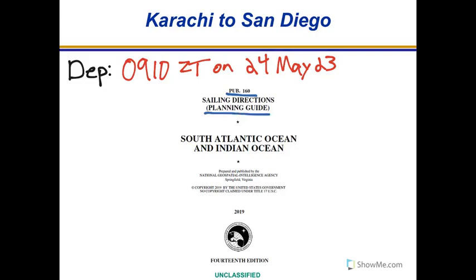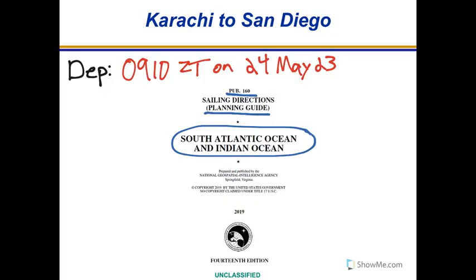We're going to look at pub 160, which is South Atlantic Ocean and Indian Ocean, since Karachi is on the Indian Ocean. You don't want to look at the in-route guides for the zone descriptions because they are too detailed. You want to look at the planning guides because it tells you very general information on the country, including the zone descriptions that they keep.